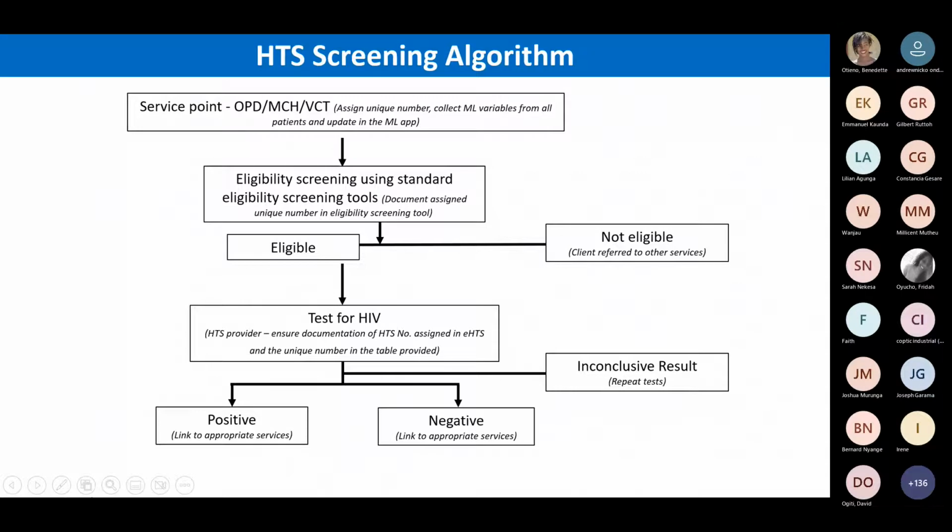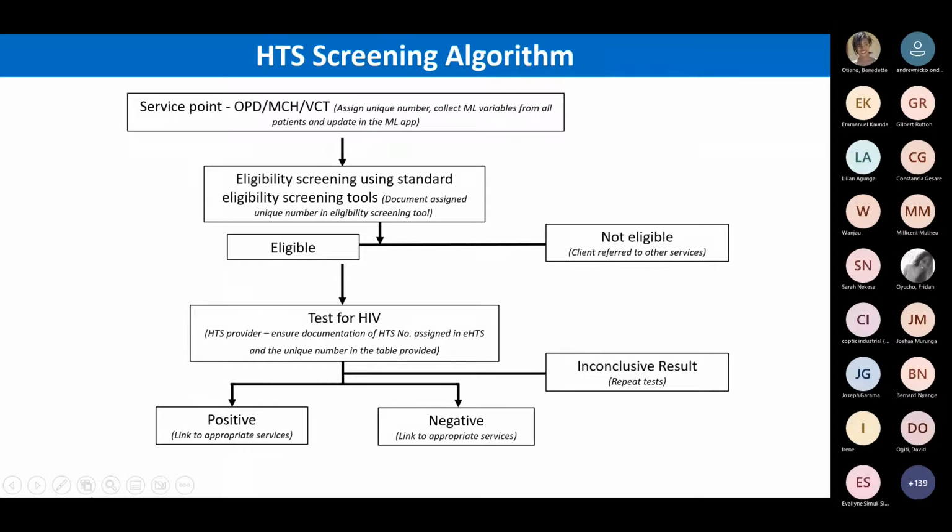In our case, the idea was for us to note, as you are screening, the salient or relevant details of the client into the system, and then have the machine help you decide whether this person is eligible or not eligible.